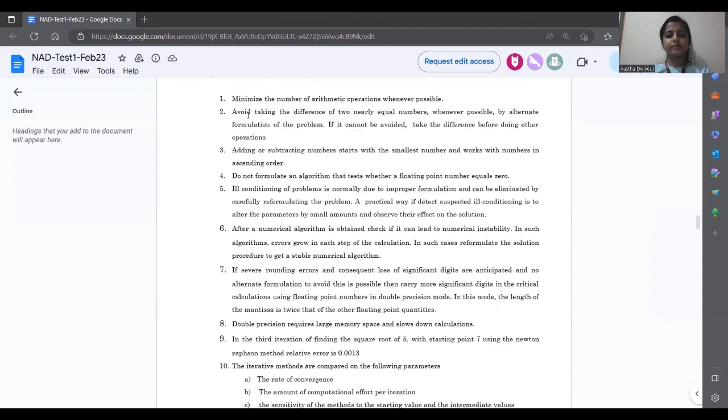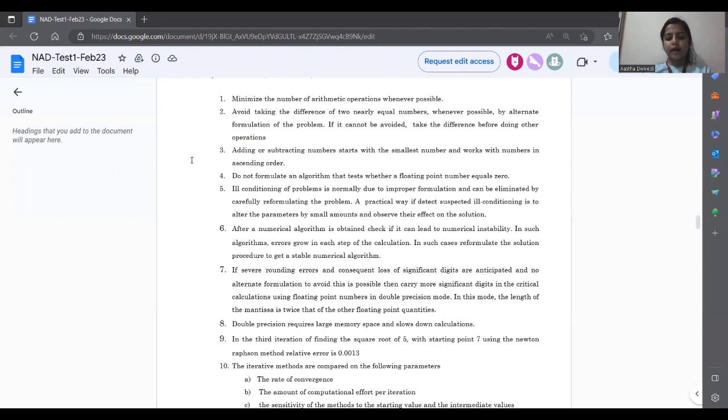Now next, when adding or subtracting numbers, start with the smallest number and work with numbers in ascending order. Let's see if it's true or false. Adding or subtracting numbers starting with the smallest number and working in ascending order can help to improve the accuracy and numeric stability of calculation.